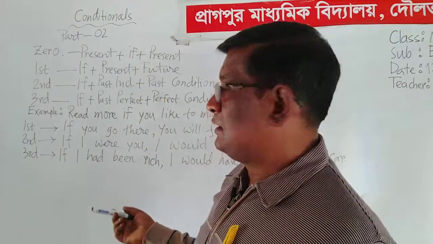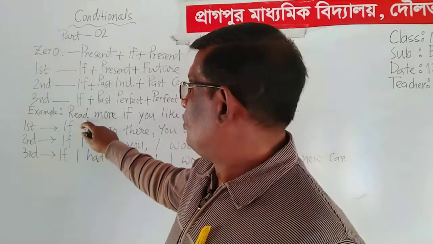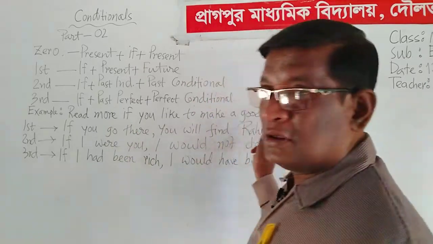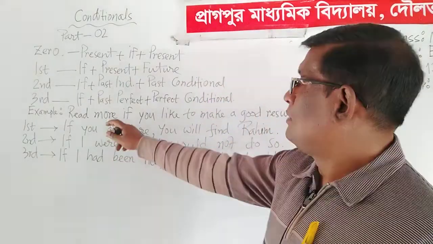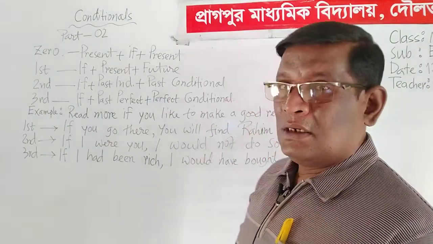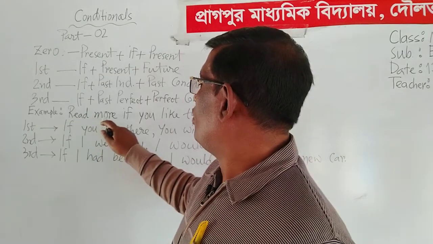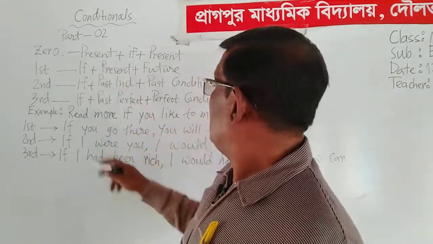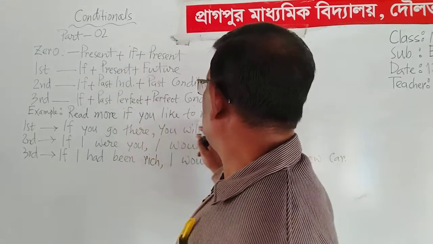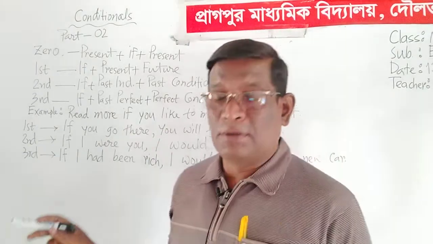If we analyze the structure in detail, we have to give an example here. Read more if you like to make a good result. In this sentence, you will find read more is present and there is a linker if here, and the other part, you like to make a good result, is also present.